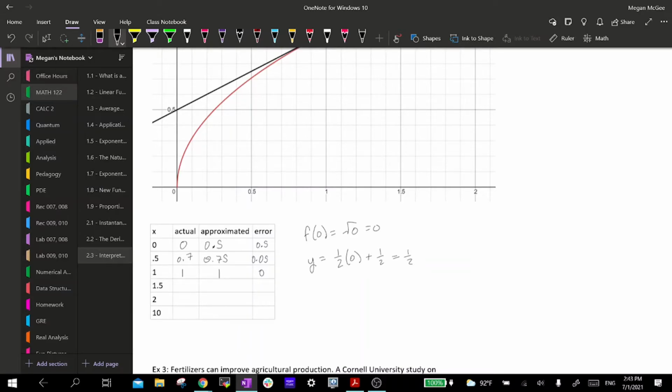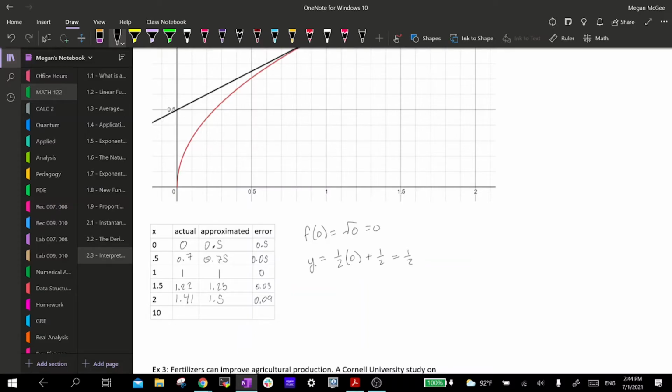At 1.5, our real value or our actual value is 1.22. Our approximated value is 1.25. So our error is the smallest we've had other than our perfect approximation, which is 0.03. And then at 2, we have 1.41 and 1.5. So our error is 0.09.